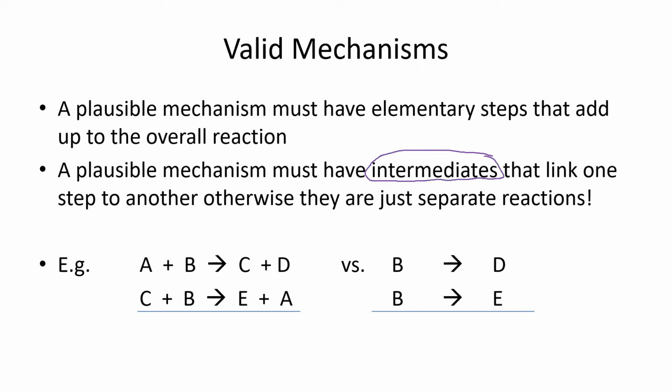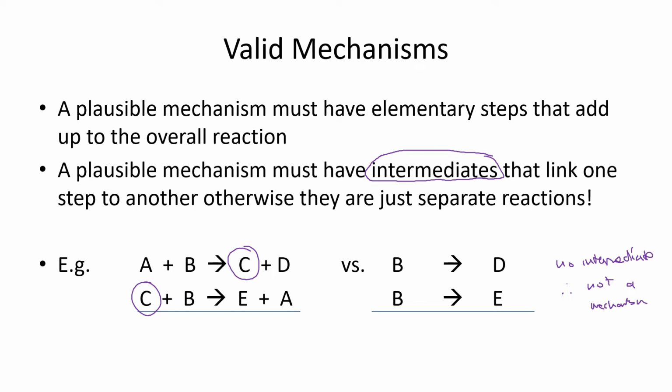That's what we have in the first reaction here, where we have C as an intermediate, and then it gets used up in the second step. In the second example here, there is no intermediate, and therefore it's not a mechanism. It's just two random reactions that happen to add up to an overall reaction.